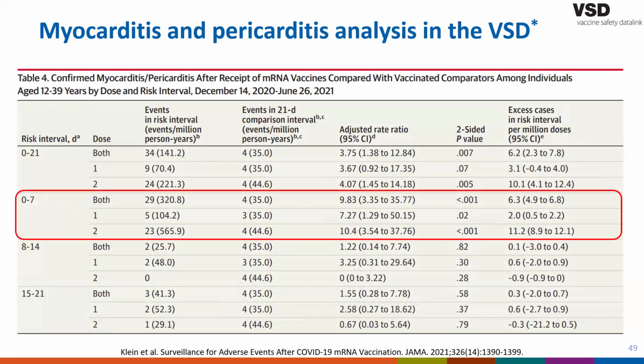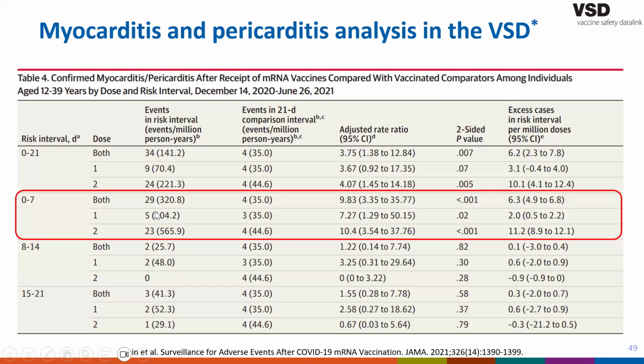And I think this is interesting. It shows how the two systems can work together. It also shows the limitations of the VSD. We didn't see this because we had all the ages lumped together. The signal was very specifically in this age group, primarily in males, and in a shorter risk window, and it was being obscured with the data together.